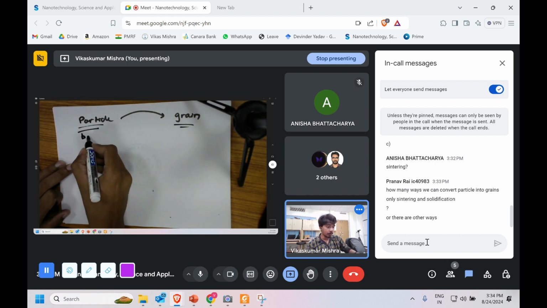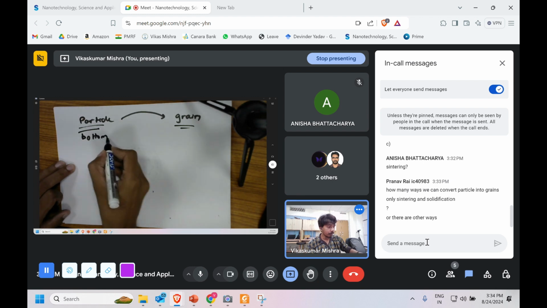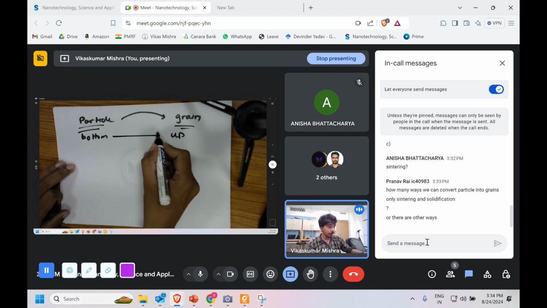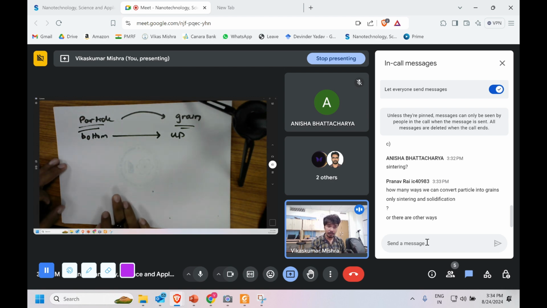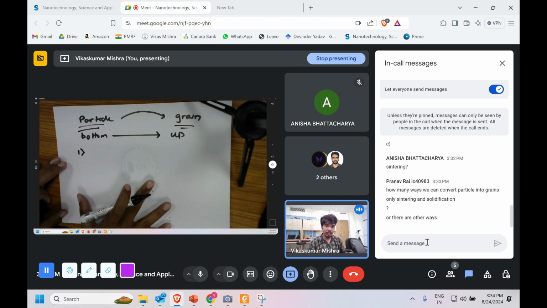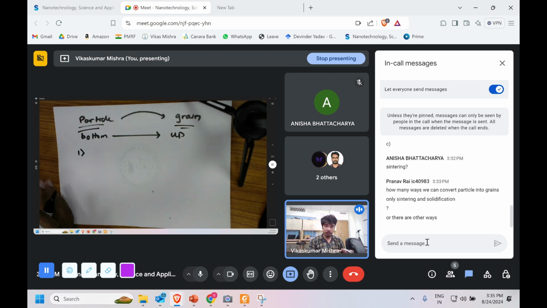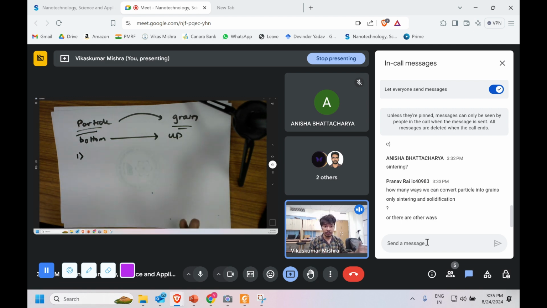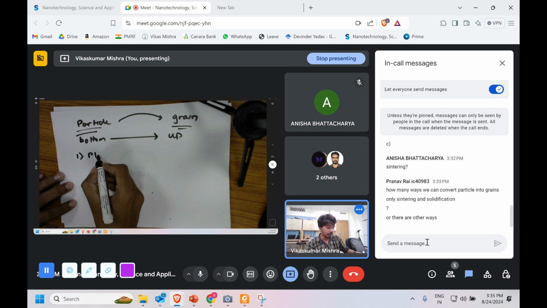This is a bottom up approach. What techniques have we learned which can do this? There is one technique we learned in this particular week itself: we provide a feed of powder to the technique, and it deposits onto the substrate. That was the plasma spray technique.